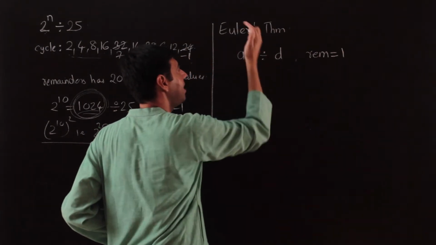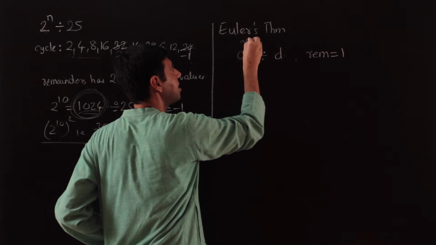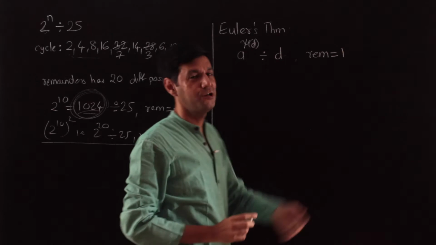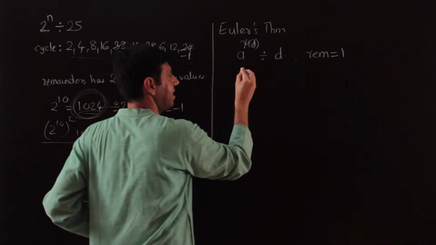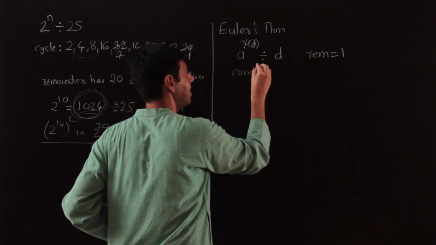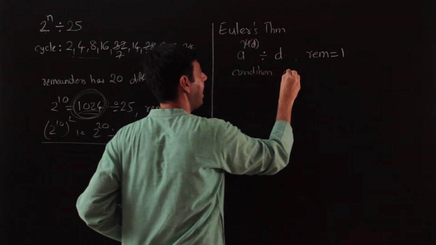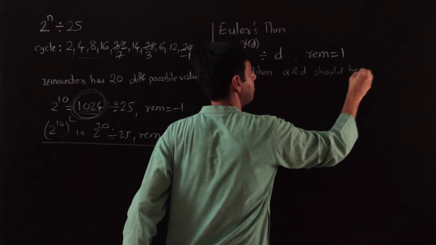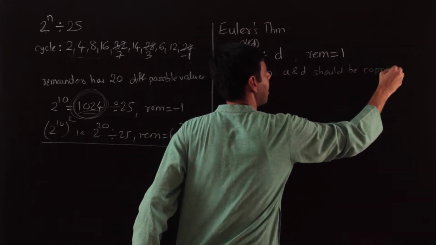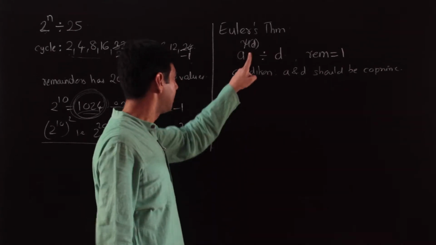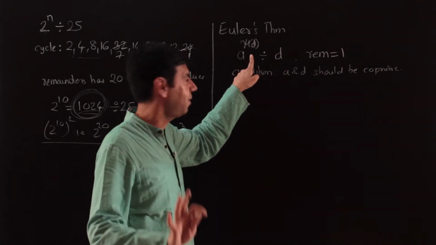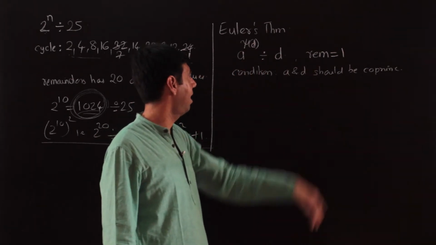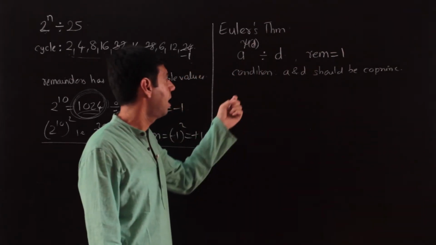The power of D is called the totient function of D. This is your complete Euler's. There is still a condition, and the only condition is that A and D should be co-prime. This would not be very clear as of now. Hang on, there are a couple of things that I have to say. I'll come to this after a few remarks.